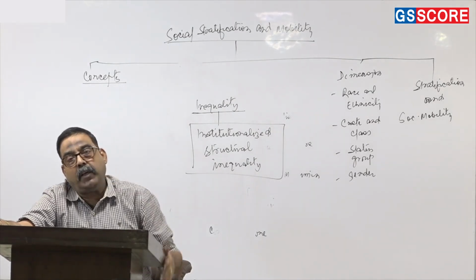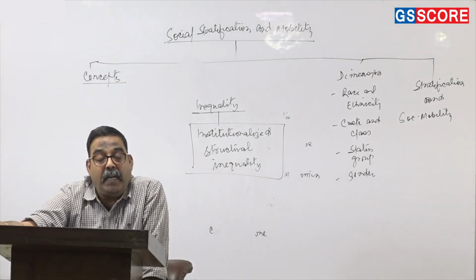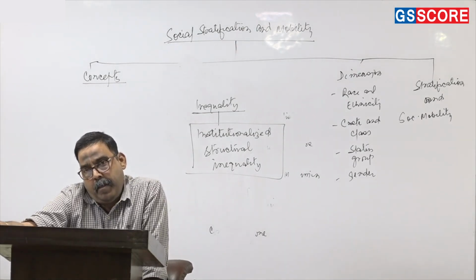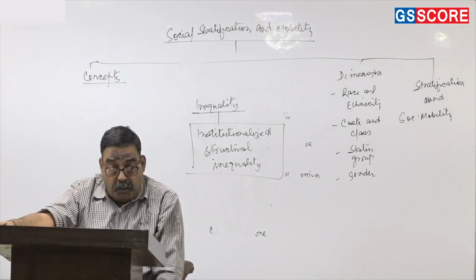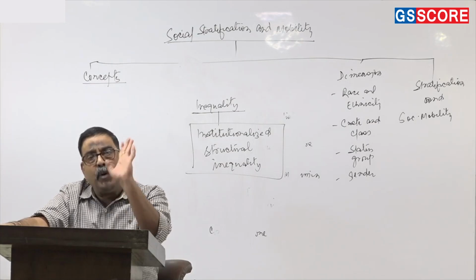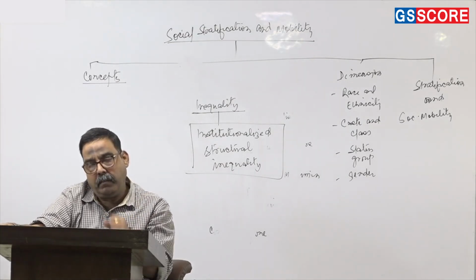The functionalists argue that social stratification is universal, inevitable and necessary for society. Just opposite of this, the conflict theorists say that social stratification may be universal, but not inevitable, not necessary.